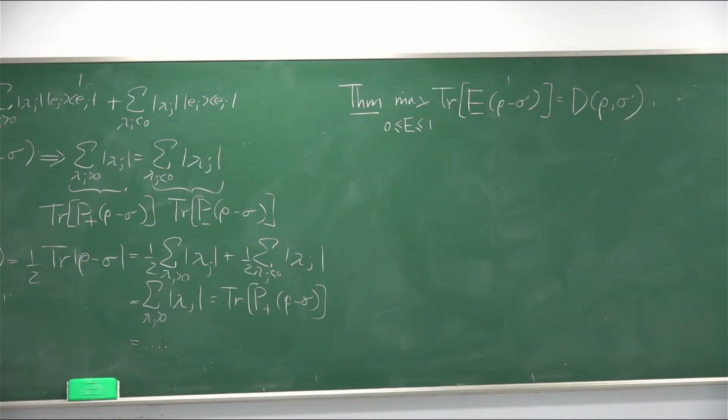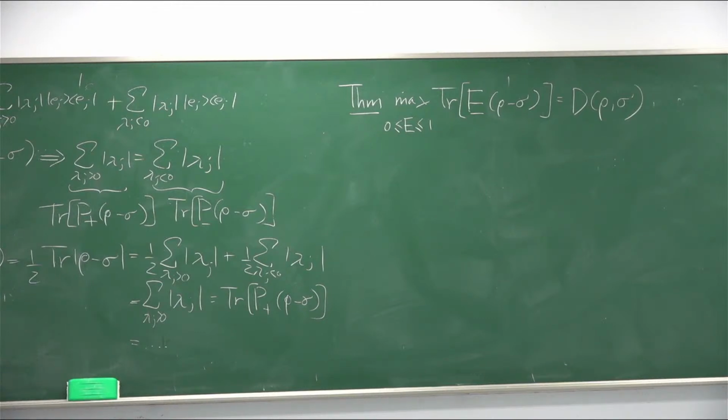And in this case, it's easy. We can separate the eigenvalues into positive and negative ones. There could be zero eigenvalues as well, but they just disappear, and they're not in the support of rho minus sigma. So the absolute value is just this.